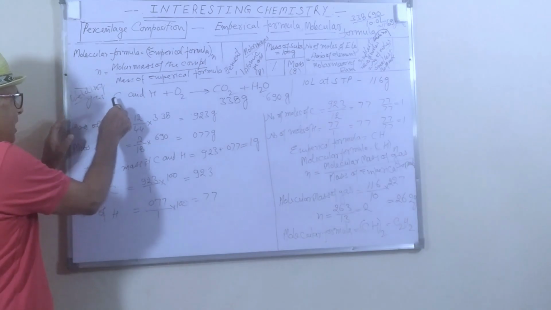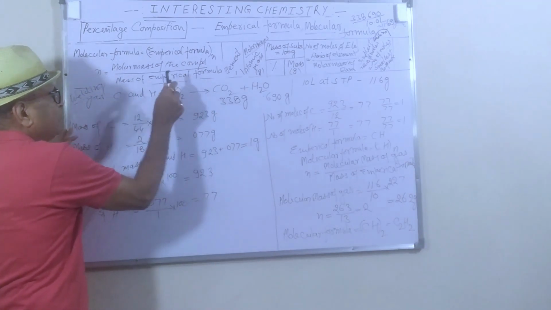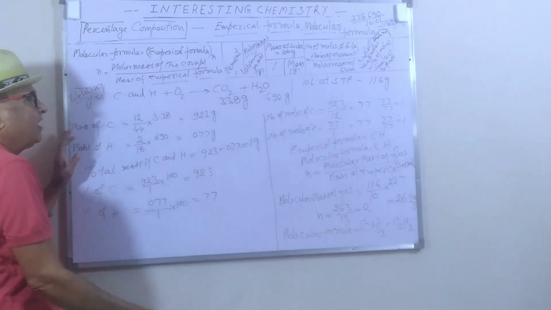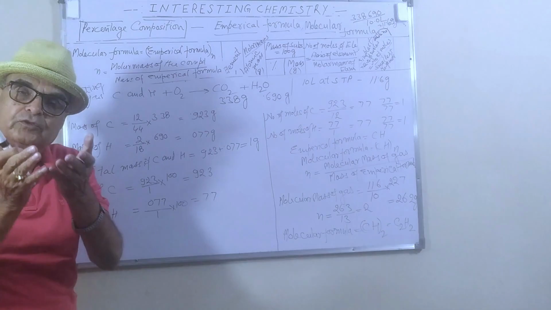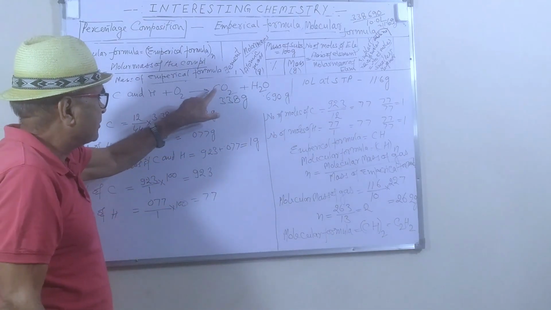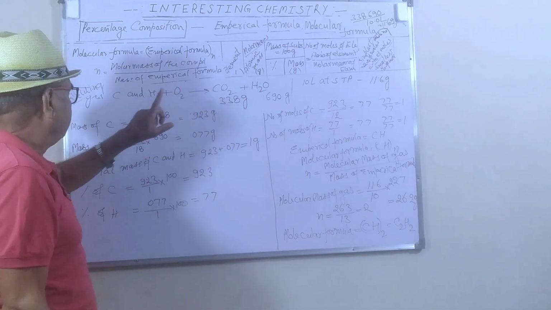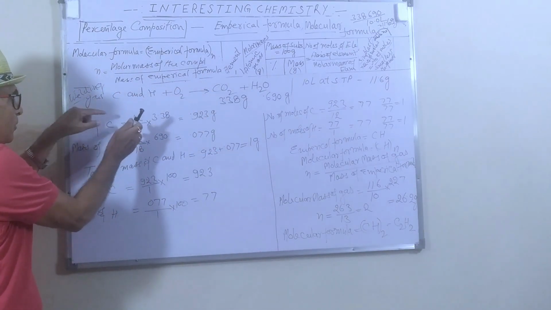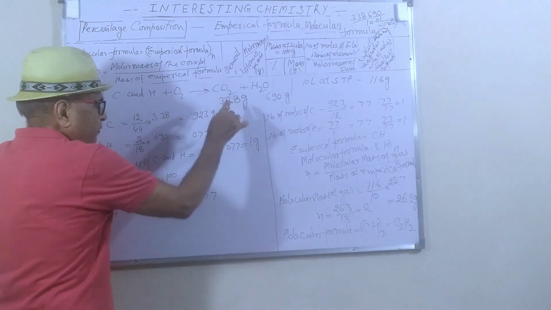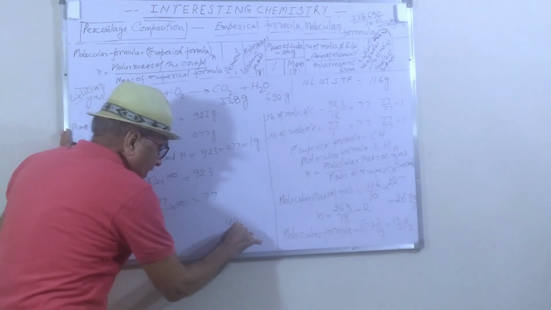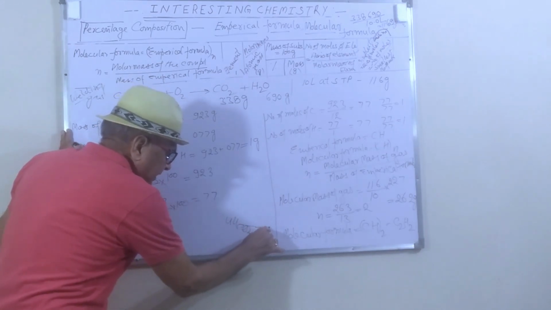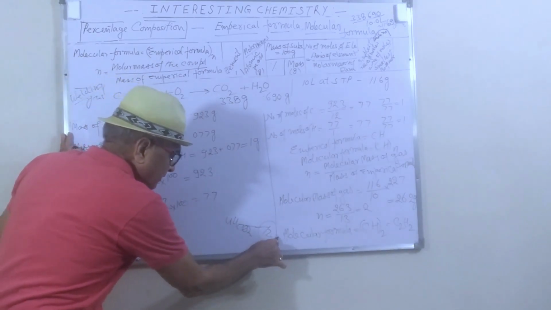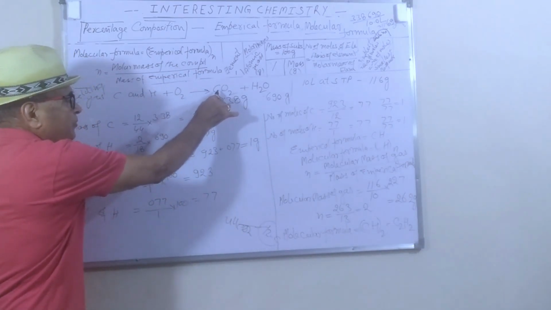The amount of carbon you will get from the carbon dioxide, and the amount of hydrogen you will get from the water. So how will you find the mass of carbon in the carbon dioxide?